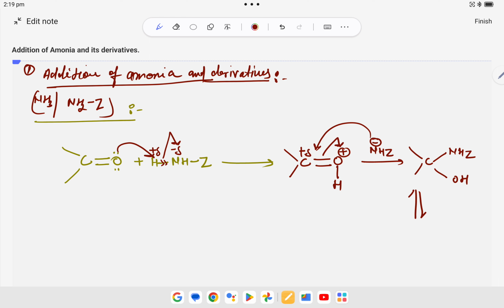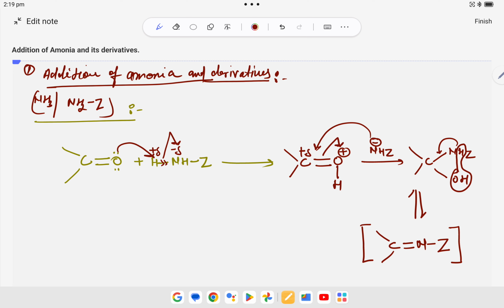So next, there will be a removal of water molecule like that, and finally we are getting double bond nitrogen, hydrogen, electrons shifted, converted into double bond, and Z. At the place of Z we can use a derivative.